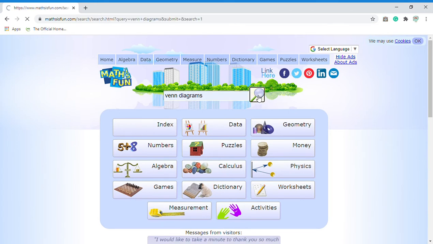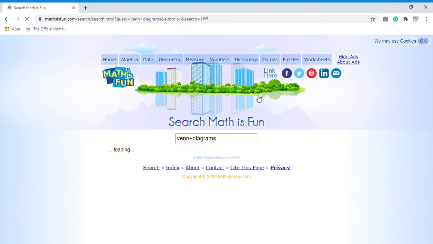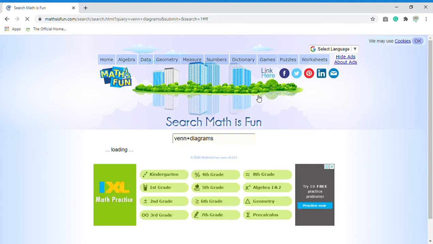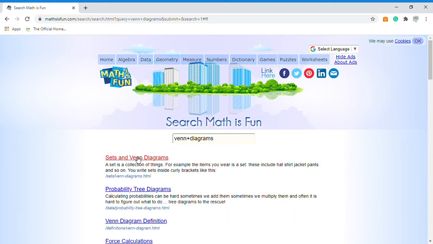Now, since we are still busy with data handling, that means that all of these things, the bar graphs, the tally charts, the pictograms or picture graphs that we did yesterday, are pictures or diagrams or charts or whatever you want to call it, graphs.